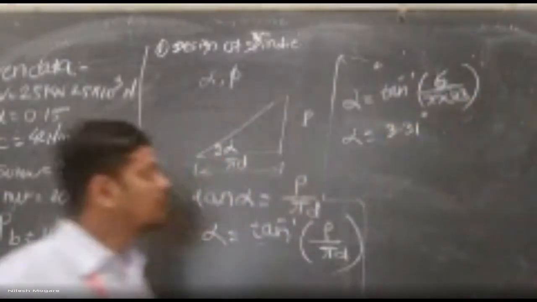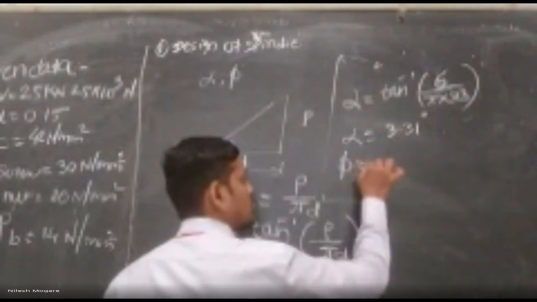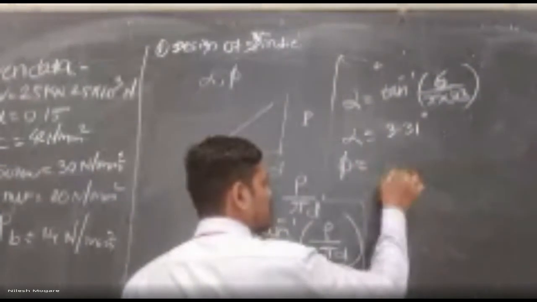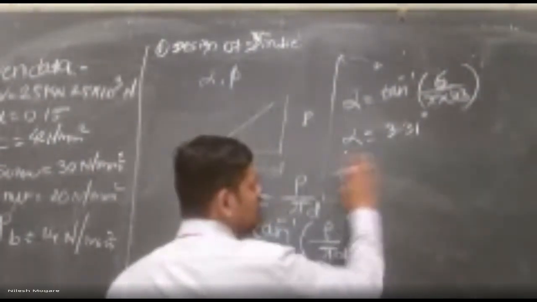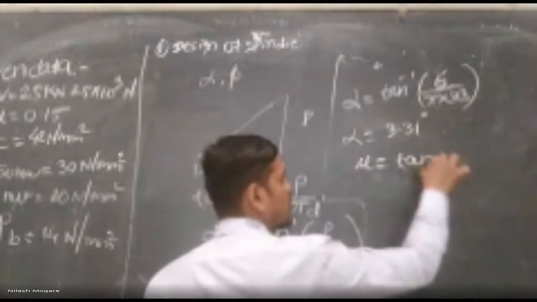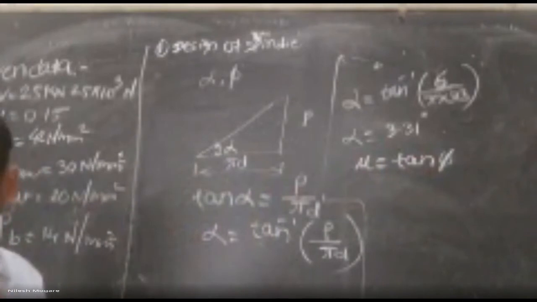So this is alpha. Then we have to find phi also. Let's see how to find phi. We have an equation: coefficient of friction mu equals tan phi.